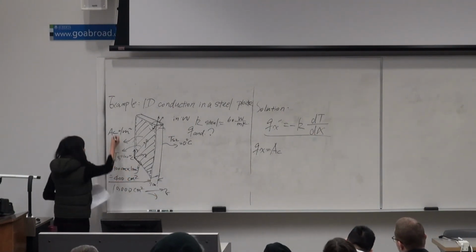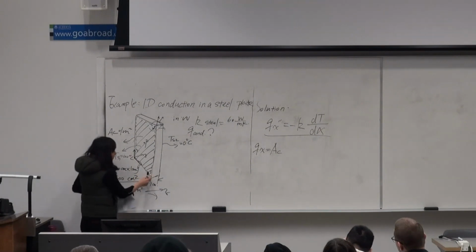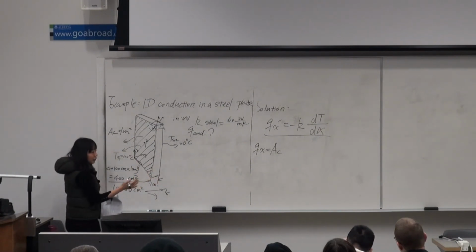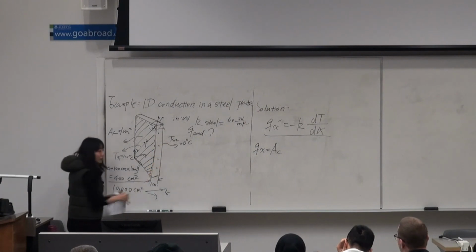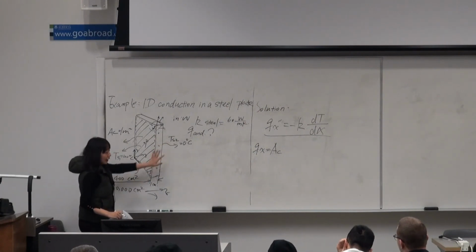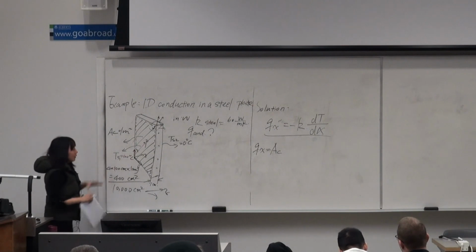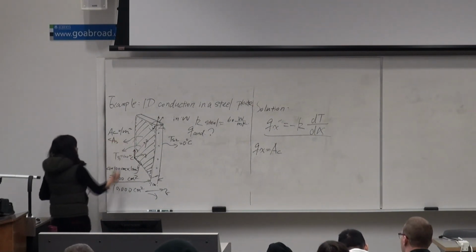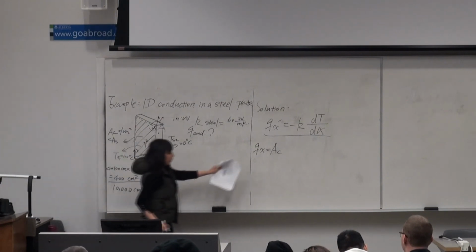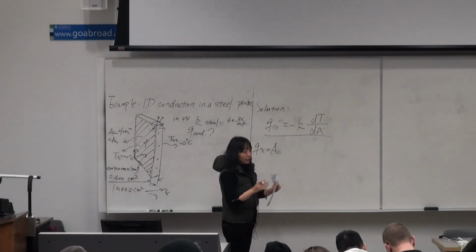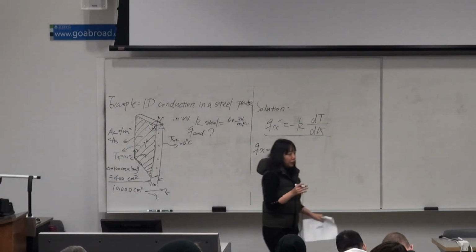This is the cross-section area, but for the total surface area, we should also consider the side surfaces and the double sides. So the cross-section is not equal to the surface area, but when we apply Fourier's law, it's always the surface area perpendicular to heat flow.